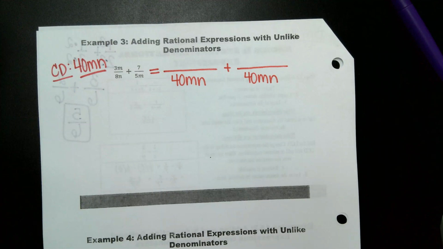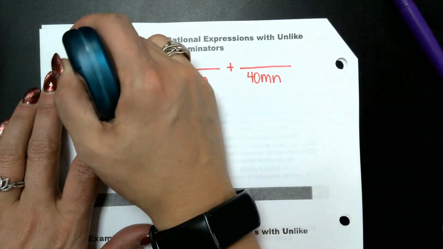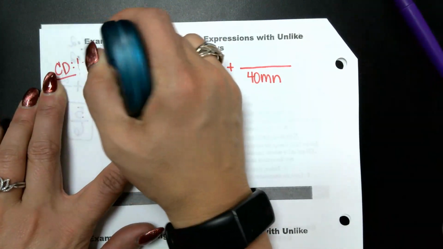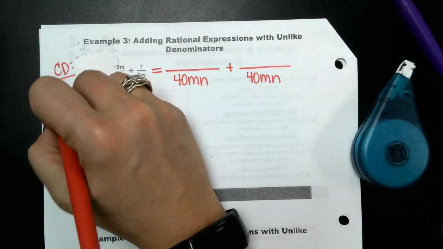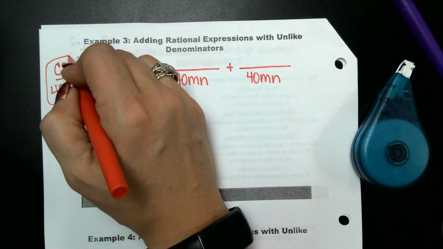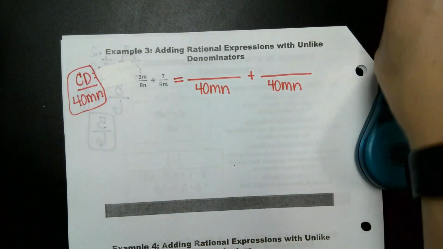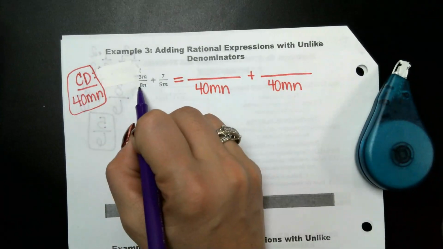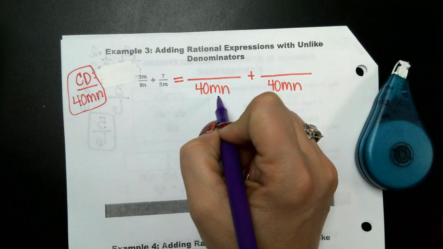Because now that we know what the denominator is, we need to go back and figure out what our numerator is going to be. My common denominator was 40mn. So listen, I need you guys to tell me, what did I multiply the 8n by to become the 40mn?